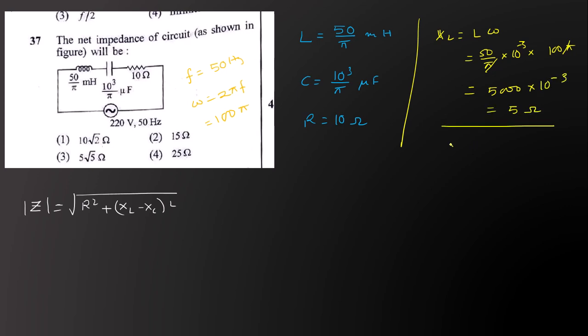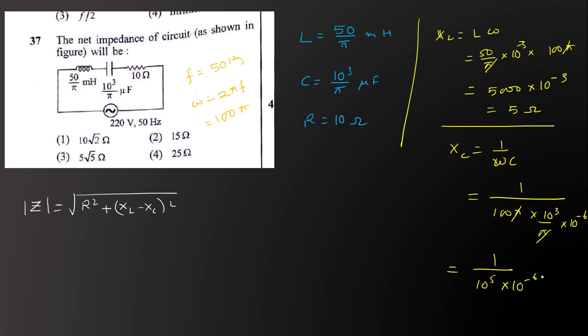On the other hand, XC will be equal to 1 by omega C. Let me put the value here as well. 100 pi multiplied by 10 power 3 by pi multiplied by 10 power minus 6. Again pi cancelled. This will be 10 power 5 into 10 power minus 6, so this will be 10 ohm.